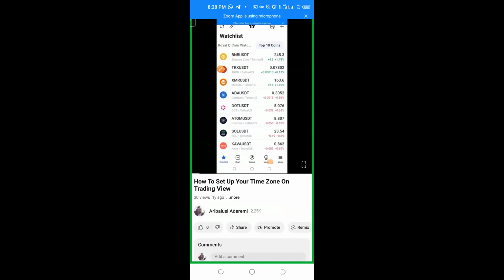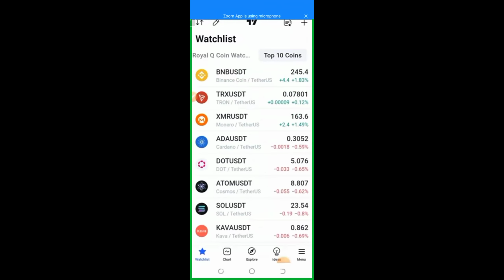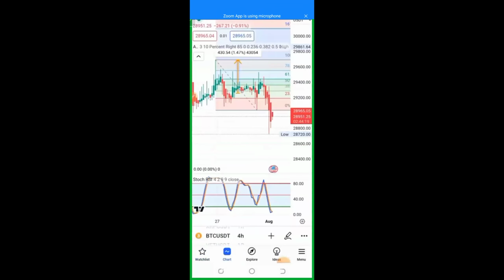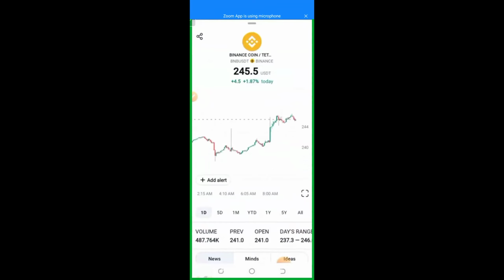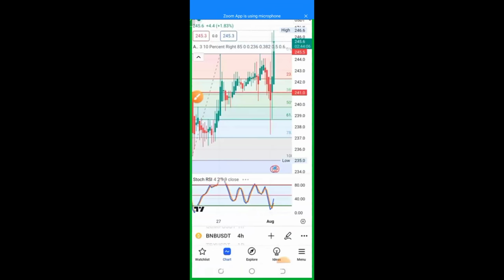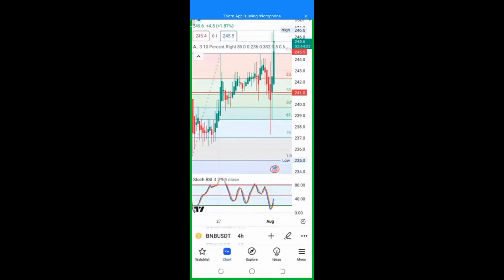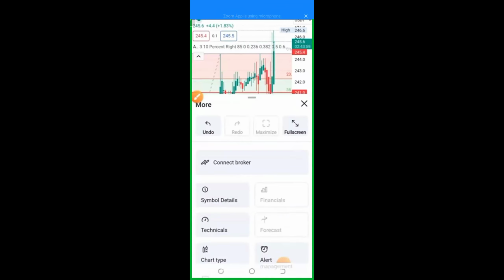Let me share a very quick video on how to set your time zone on TradingView. So just go to charts, click any of the coins that you already listed. Then when you enter the chart, click these three dots here, these three dots beside that pencil icon.